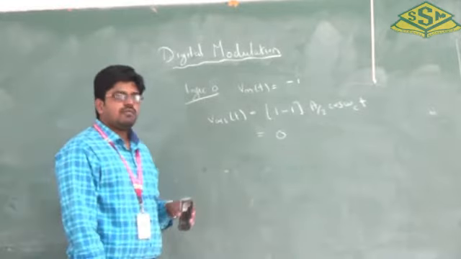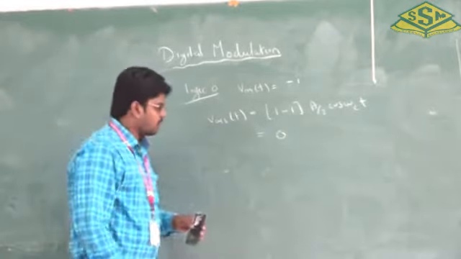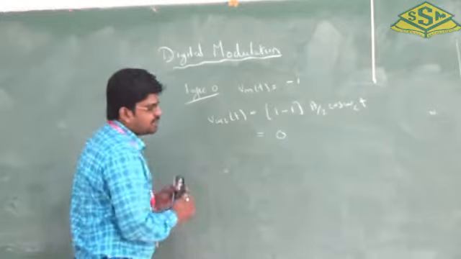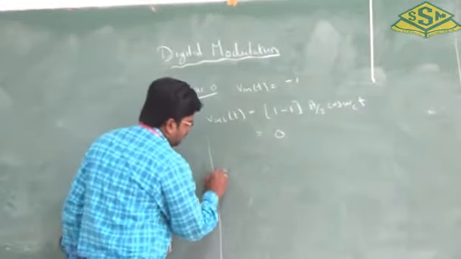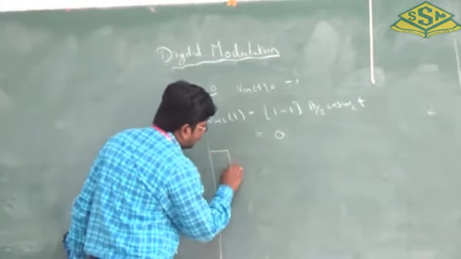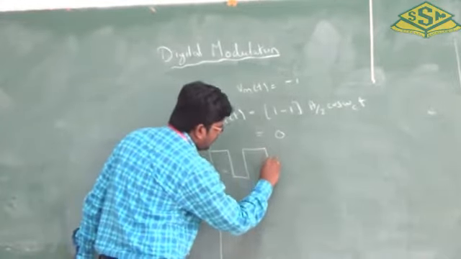So now we got an expression in a mathematical way, and now we can see the waveform. I already told that the input signal must be digital.